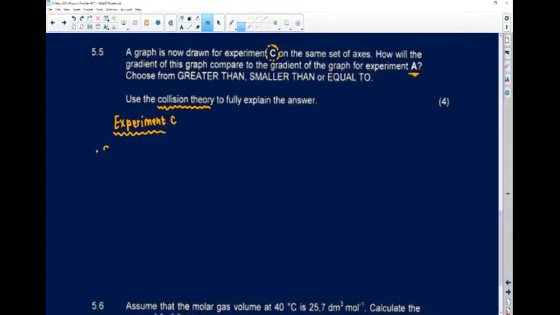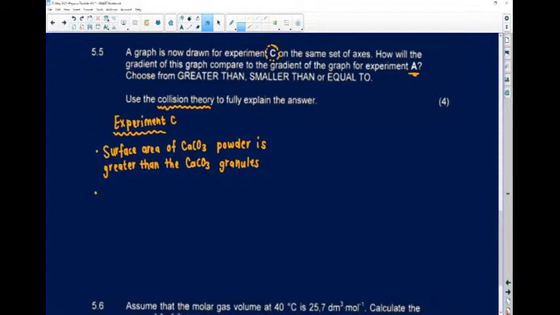First things first, the surface area, because I could see that the volume and the concentration are the same, but what is different is the surface area or the state of division of the CaCO3, which is powder, is then greater than the CaCO3 granules. That's the first difference that I saw, right?